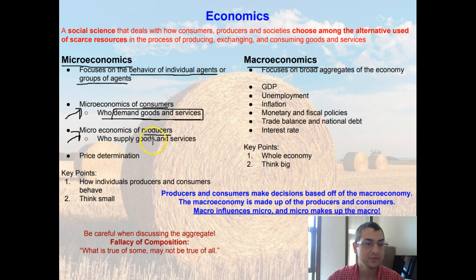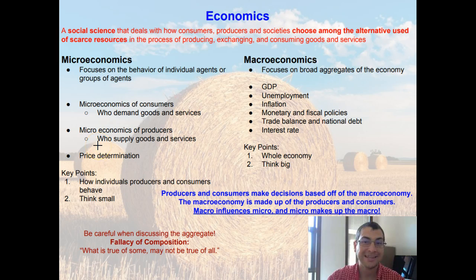On the other side, you have the microeconomics of producers, or production. Microeconomics of production looks at the individuals who are supplying those goods and services. So it might be looking at what is the profit maximizing amount of fertilizer that this farmer needs to use, and it's looking at individual producers.